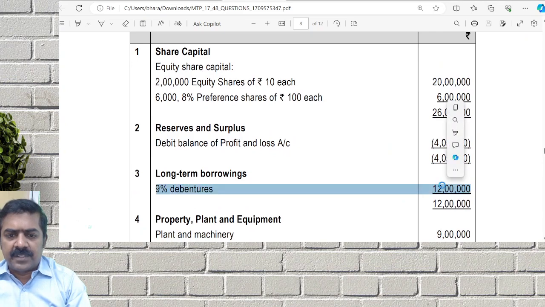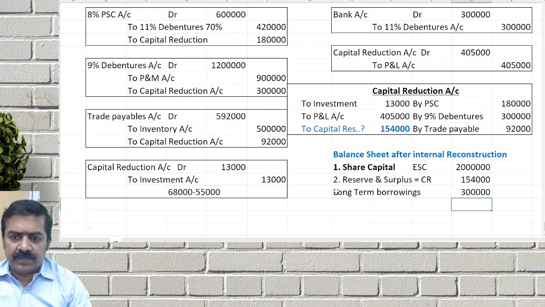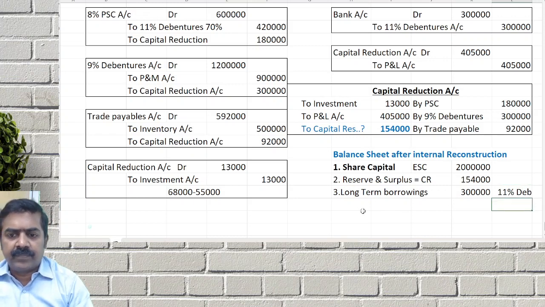The 9% debentures are cancelled. Which debentures will come? The new debentures will come, this fresh issue. 11% debentures will come.